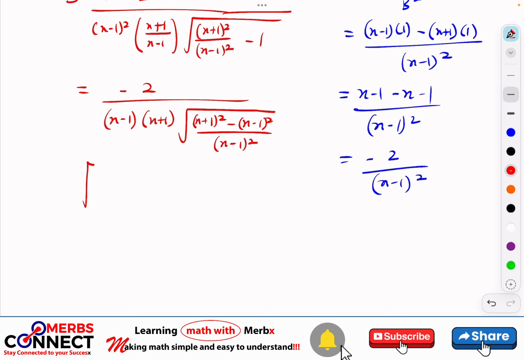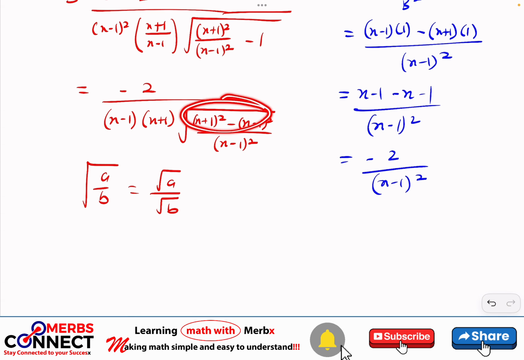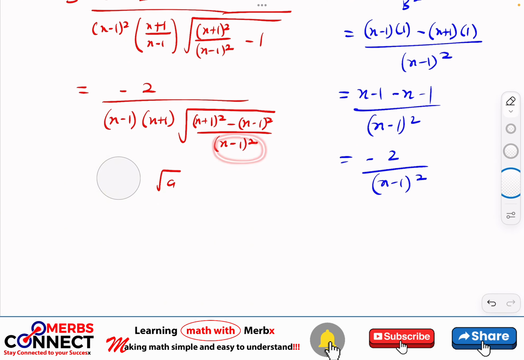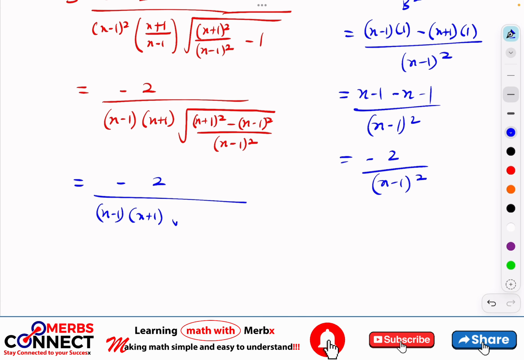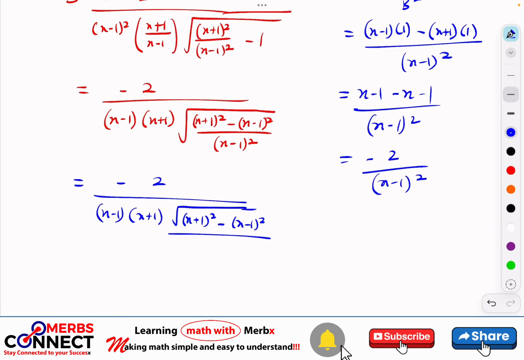Now we know that the square root of a over b is the same as the square root of a over the square root of b, right? So we can take the square root of just the top and the square root of just the bottom. Okay, so let's look at what is going to happen. Minus 2 divided by x minus 1, x plus 1, and then this is the same as the square root of x plus 1 squared minus x minus 1 to the power 2, divided by the square root of x minus 1 all squared, but the square will cancel the square root.